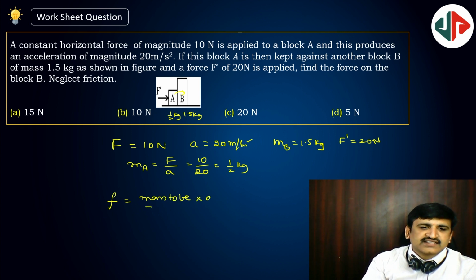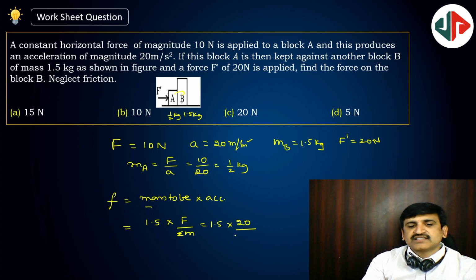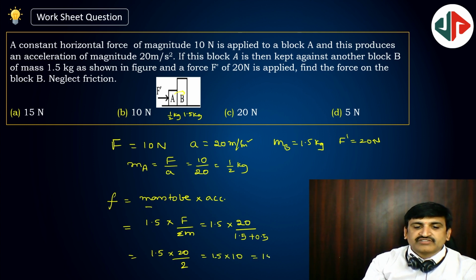So mass to be pushed is 1.5, into acceleration, which is applied force 20 newtons by total mass, 1.5 plus 0.5. So it will be 1.5 into 20 by 2, so 1.5 into 10. How much? 15 Newton.